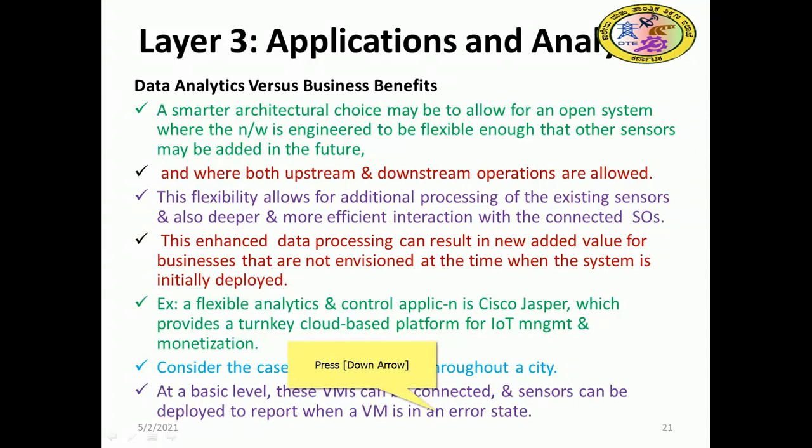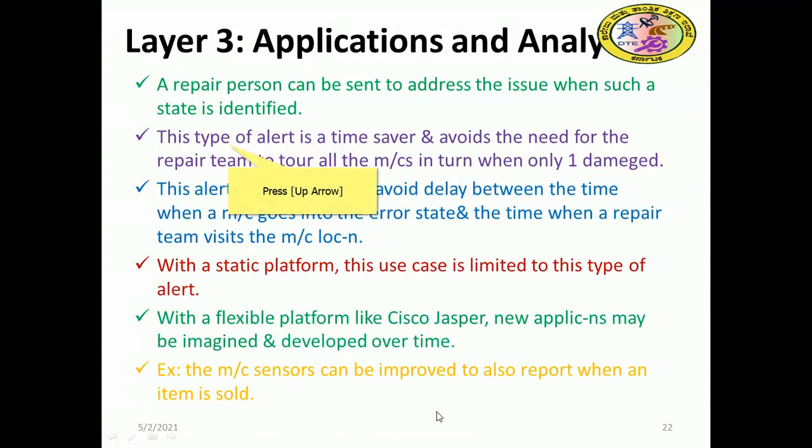Sensors can be deployed to report when a vending machine is in an error state. The owner of these vending machines can watch remotely and observe if any error happens, so he can understand remotely and make the correction.